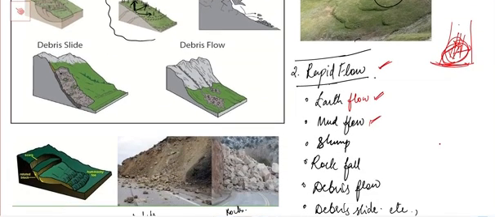And slump is a simple term. Slump is nothing but a breaking, and this is also due to water saturation. Due to the water's saturation, it breaks into layers, one, two, three layers, and it moves in a curved fashion.